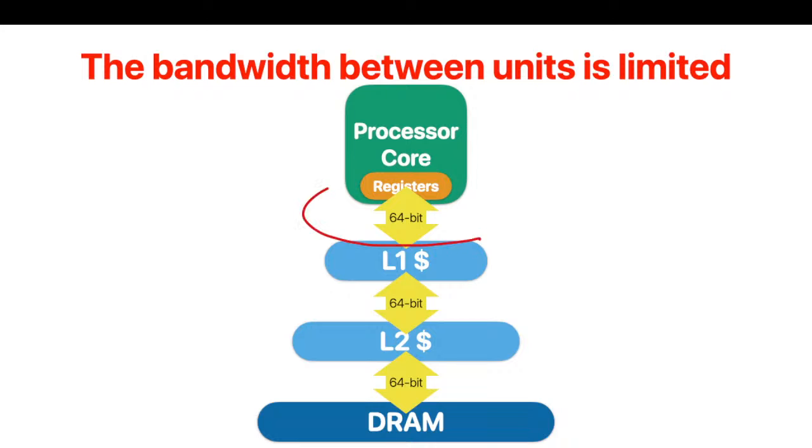So your processor has a 64-bit bus between your processor and your cache. What that means is that each cycle you can only get at most 64 bits of data, which is a byte, a double, or a 64-bit integer.